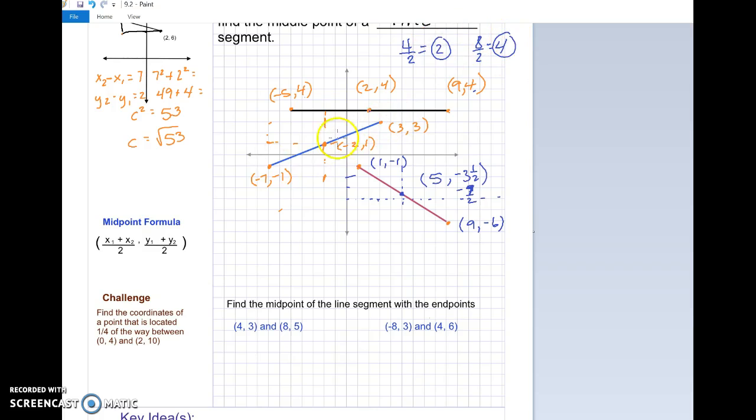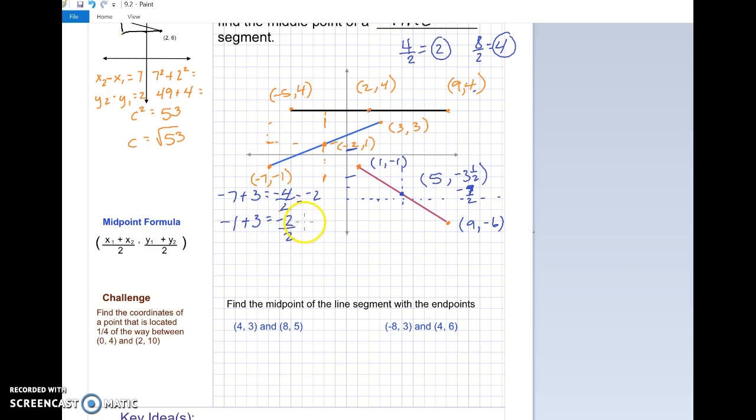Let's try it on this other one, the blue one. We had -7 and 3. So let's add -7 to 3. And what do we get? We get -4, right? Let's divide it in half because we're finding the midpoint, and we get -2. Look at that. My x value is -2. Let's see if it works for the y value. -1 plus 3 is -2.